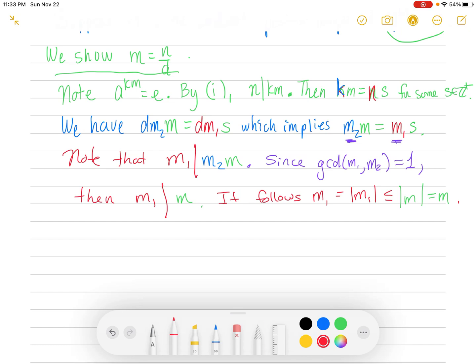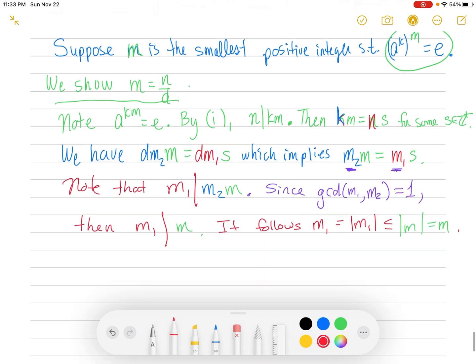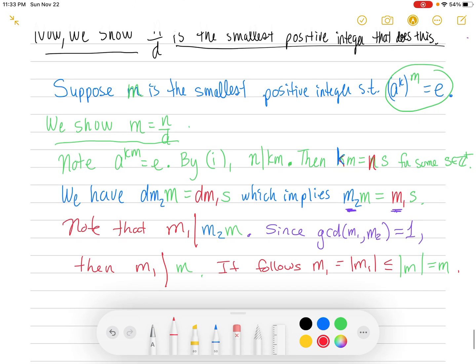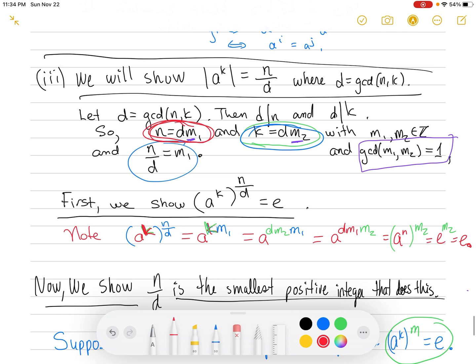Okay, so what we've done, we've found a positive integer m1. Right, that's what n over d is. N over d is m1. Remember where that was? Right here.